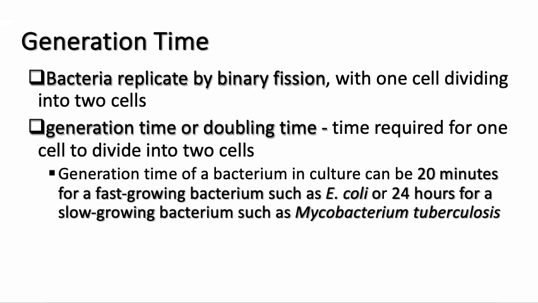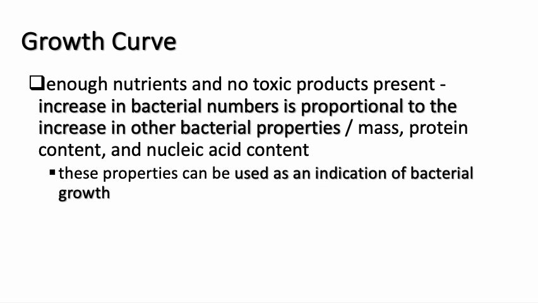And some naman po are slow growers, like for example, Mycobacterium tuberculosis, that requires a longer period of generation time to produce daughter cells. So typically, a fast-growing bacterium such as E. coli can produce a full growth, no, in a colony morphology at around 16 to 18 hours of generation time.